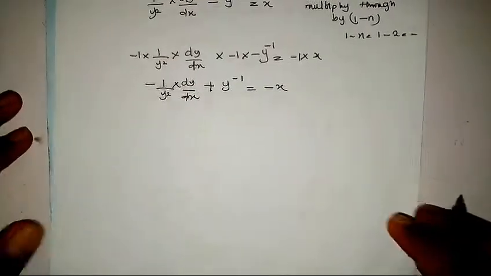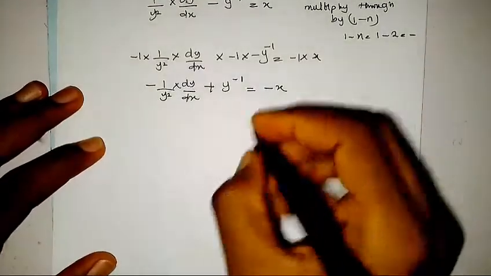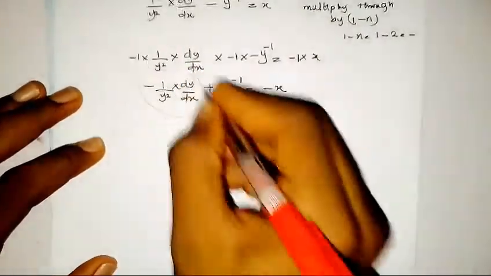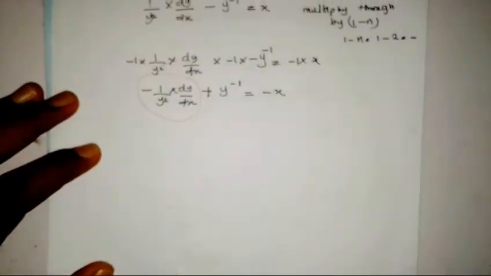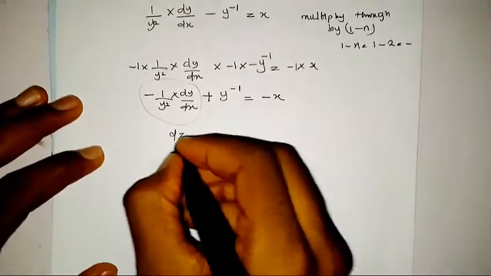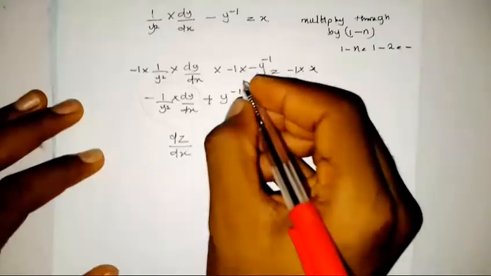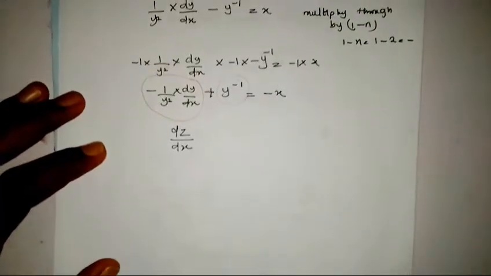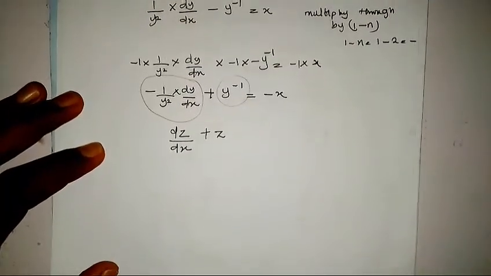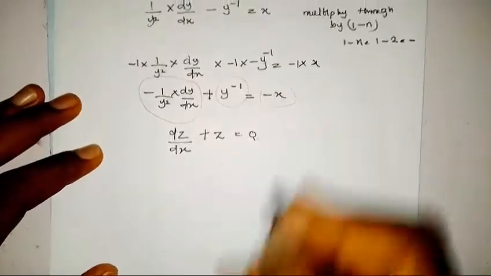Then after that, our last step is to say let this be equal to dz/dx, and let this be equal to z, and this be equal to q.